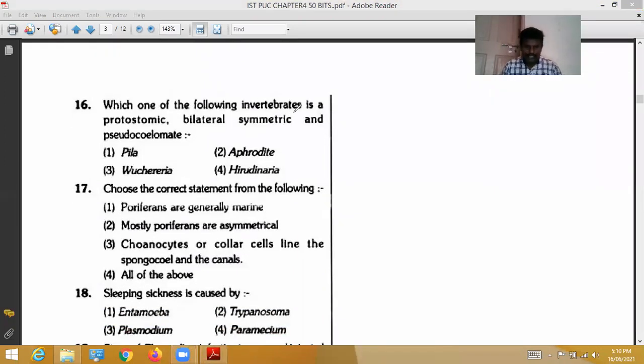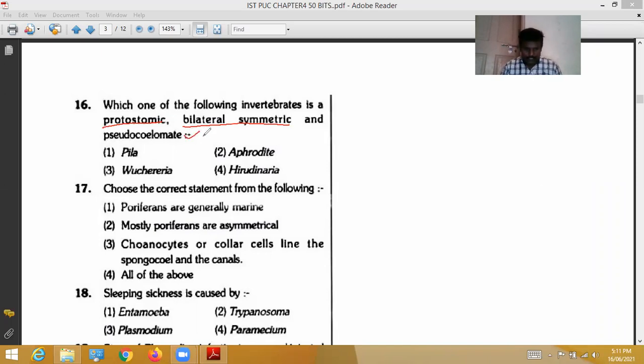Which one of the following invertebrates is protostomic, bilaterally symmetric, and pseudocoelomate? Protostomic means the mouth appears earlier than the anus during embryonic development. Bilaterally symmetric means the body is divided into two similar halves, mirror images.